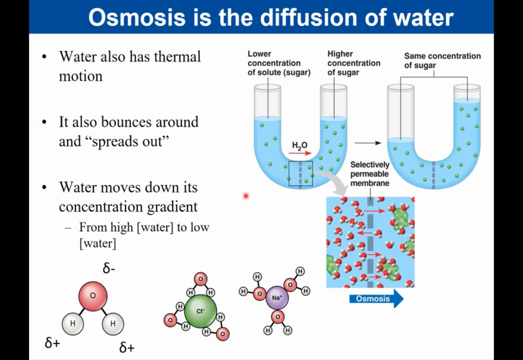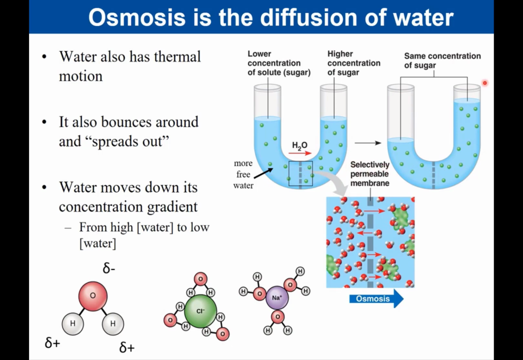On this left side, we have a lower concentration of solutes, but we have more free water, more water that's not bound to a solute and is free to move. So we have more free water here, less free water here. And remember that things always go from high concentration to low. So it's going to go from a high concentration of water here to a low concentration of water here.